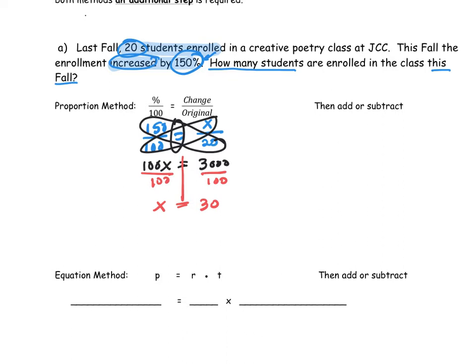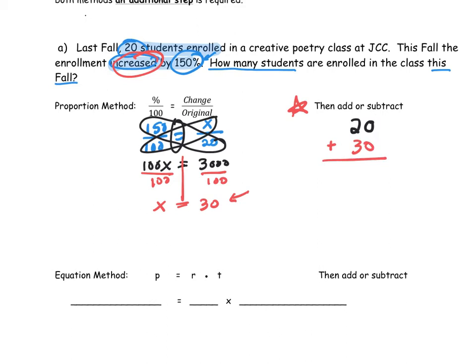Now normally we'd be done and we'd have our answer, but this is where the second step comes in. We notice this word increase. So we're going to write the amount of students that were enrolled last fall. And now there's been an increase of 150%, which means there's been an increase of 30 students. So we're going to add 30 more students.